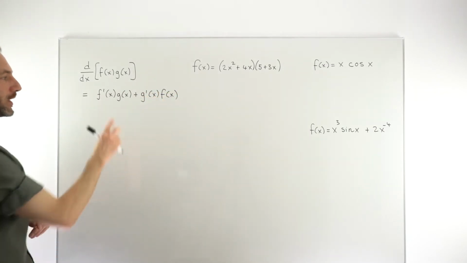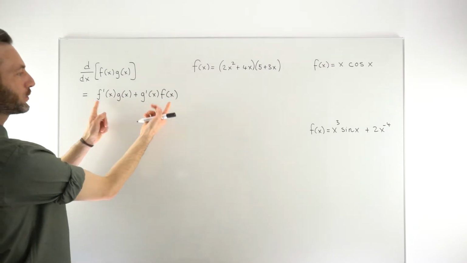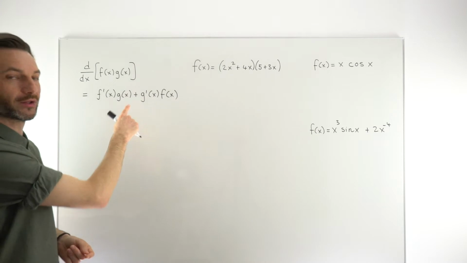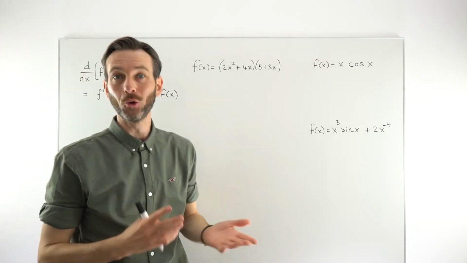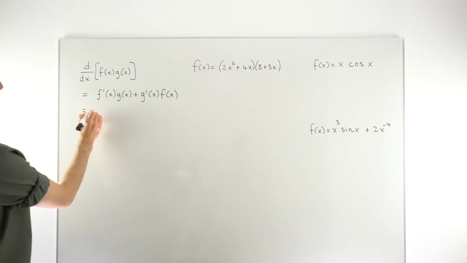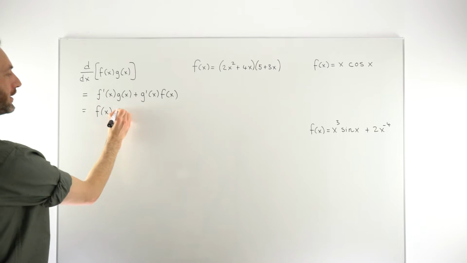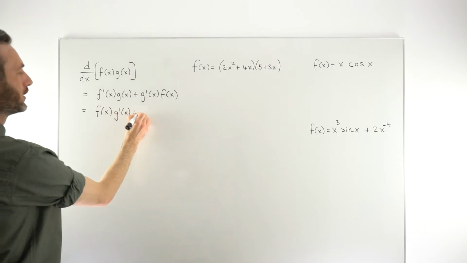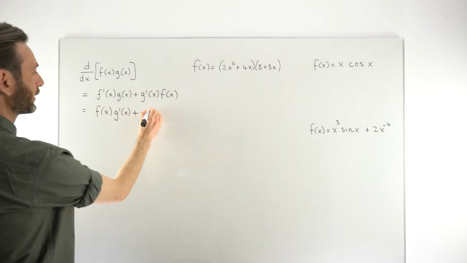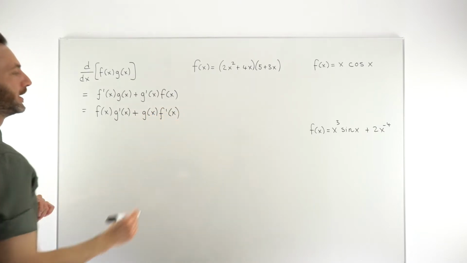Now, there's different ways to write this, and you can switch around the order because it's a plus. Because remember, when we're doing addition, the order doesn't actually matter. So sometimes you'll see it written more maybe as f of x and then g prime of x and then g of x and then f prime of x.